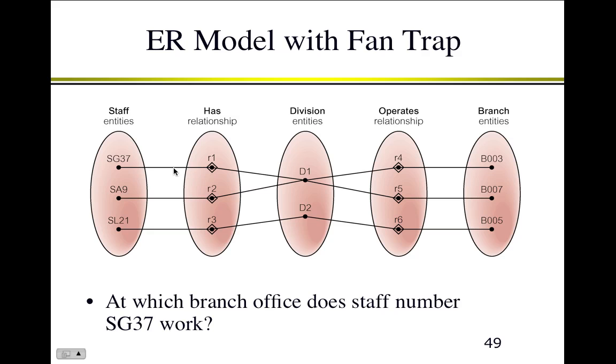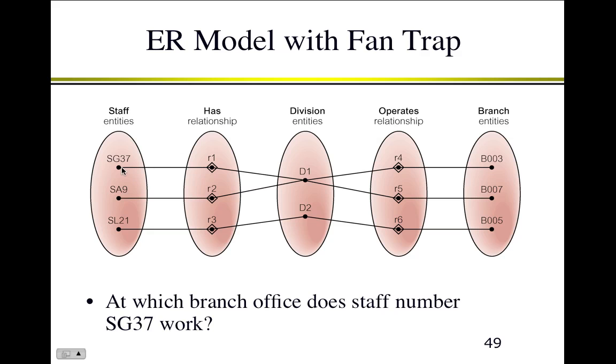Same thing as we were looking at before. We have staff number SG37 and staff number SA9. Both of them have a relationship at one division, and the division operates at a branch. And the division actually operates at two different branches. So at which branch office does staff number SG37 work?